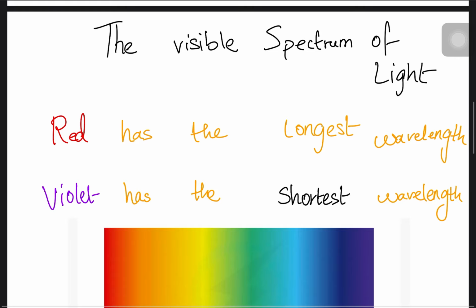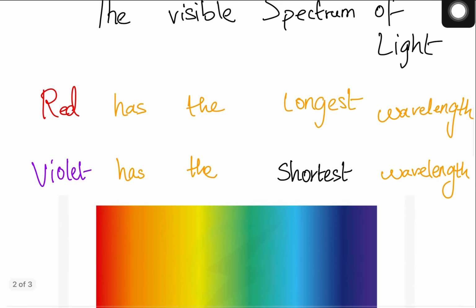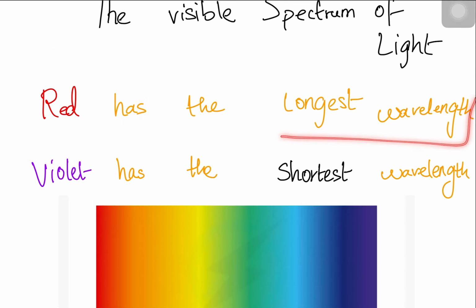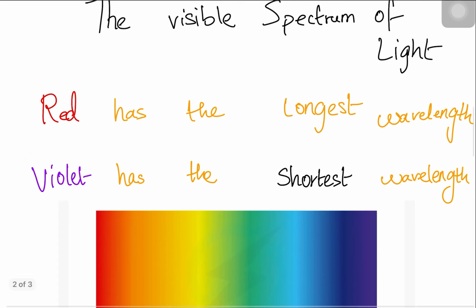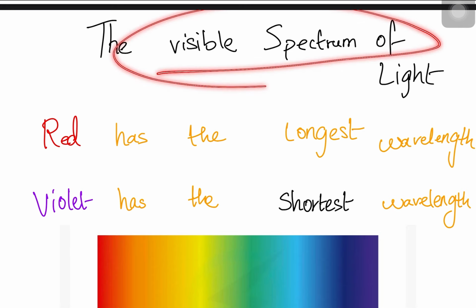Now, the visible spectrum of light. There are 2 important points that you need to know: red has the longest wavelength, and violet has the shortest wavelength. What basically is the visible spectrum of light?